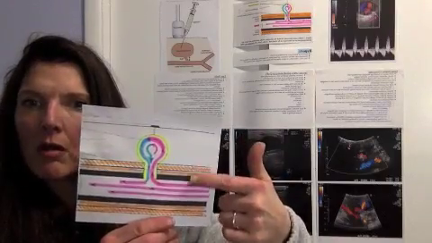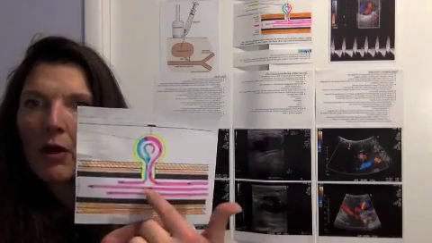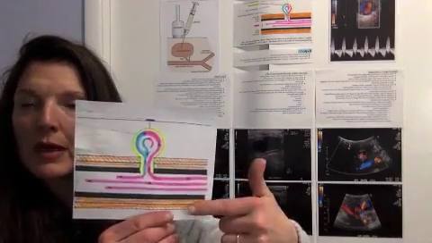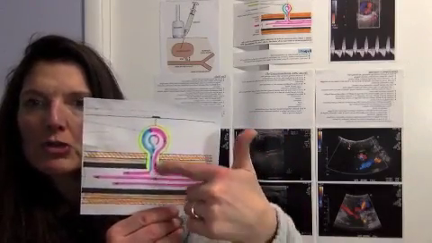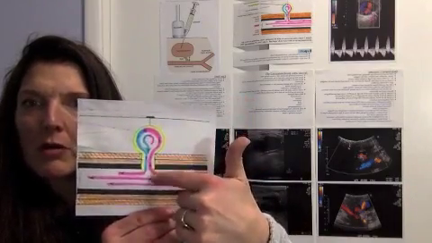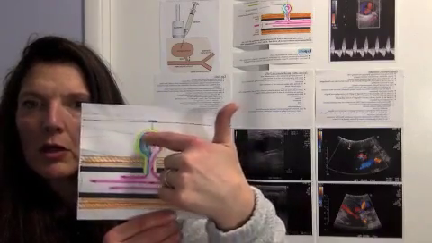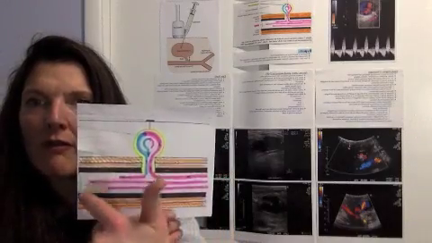So here are the 3 layers of the arterial wall and the lumen of the artery. Blood flow is coming through the artery, traveling into the pseudoaneurysm through the neck into the lumen, and then it swirls around and comes back into the artery and falls out.